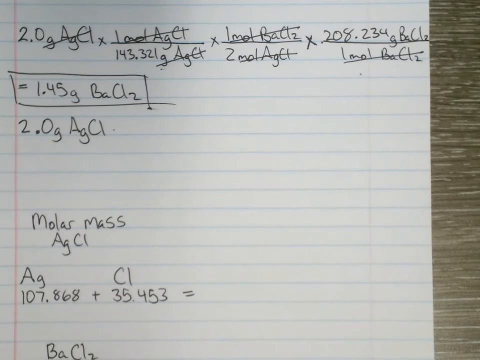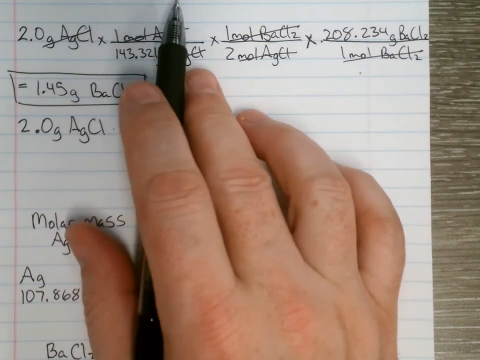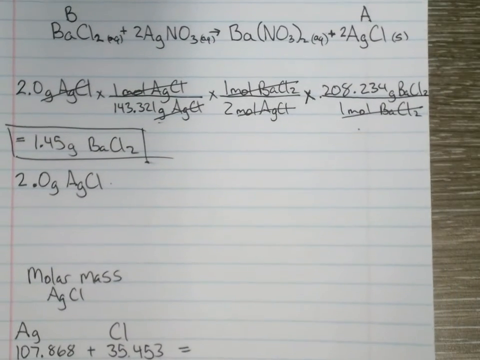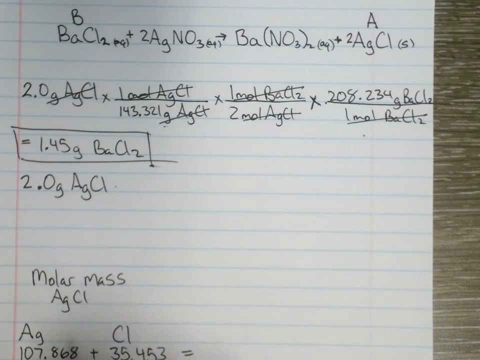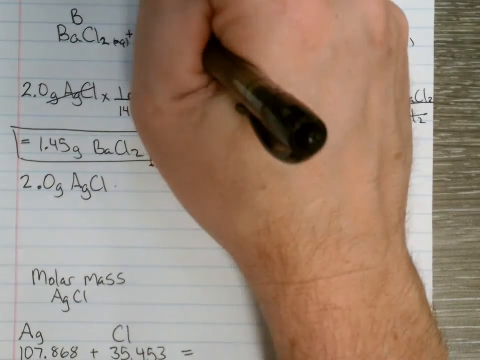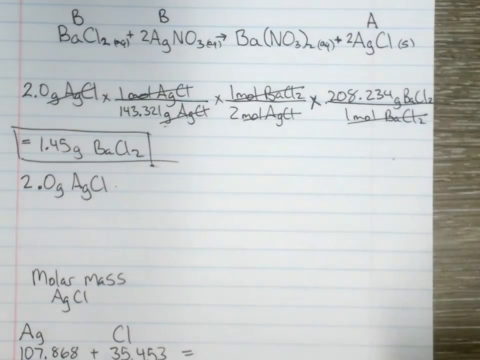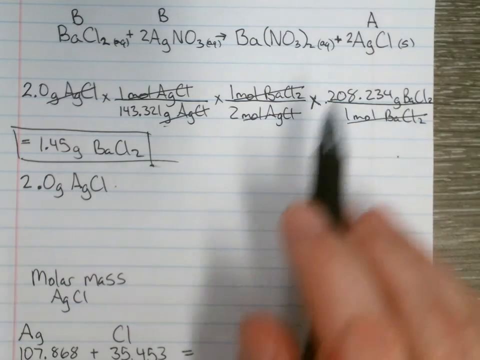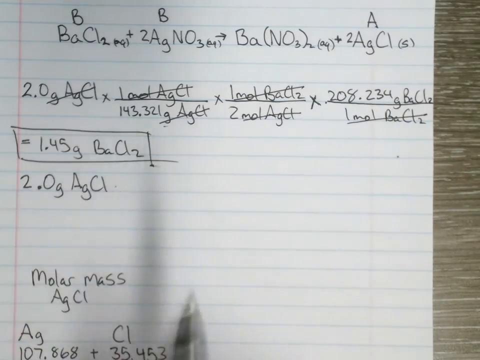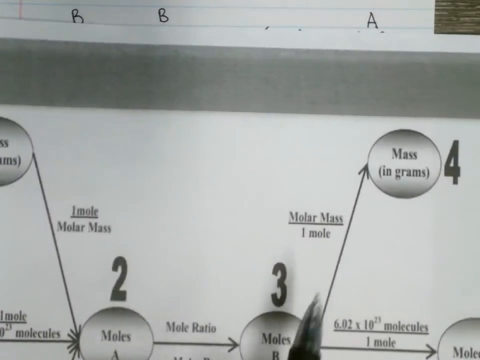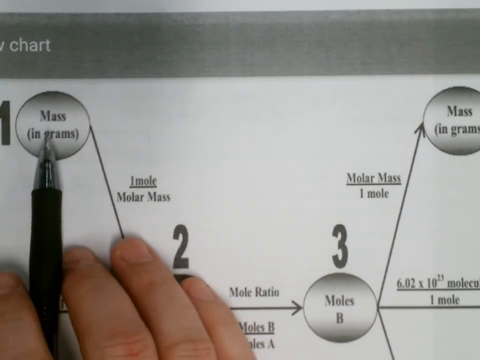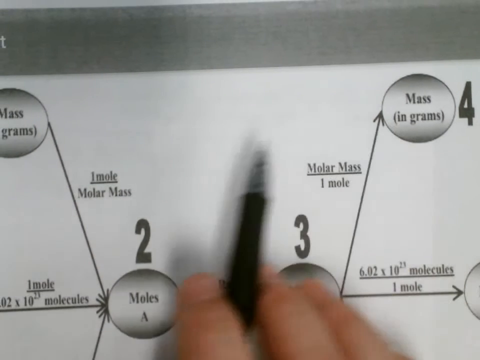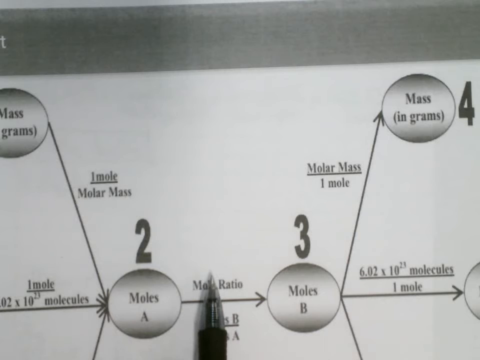You do essentially the same thing to get the mass of your other reactant, which is silver nitrate. Silver nitrate is what we're looking for, so that's B. Silver chloride, again, is what's given, so that's A. Same process, A to B. We're going from the mass of A to the mass of B, and we use every conversion factor along the way.